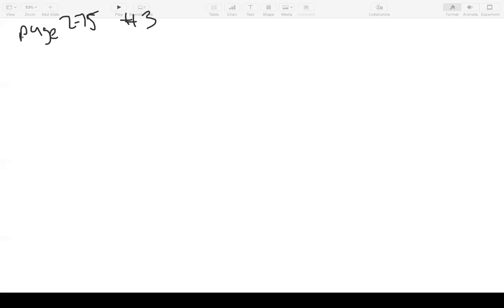Number 3 reads, calculate the pH of a titration made after adding 40 mLs of 0.3 molar NaOH into 40 mLs of 0.2 molar of formic acid. And it gives us our Ka for our formic acid.